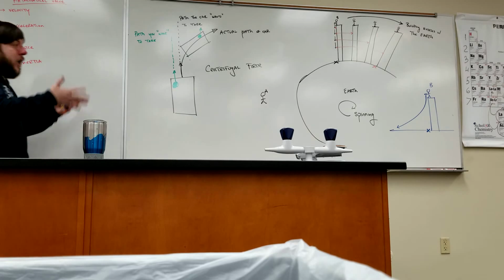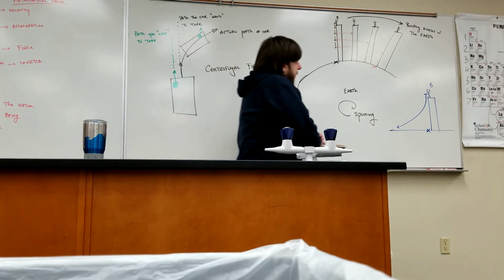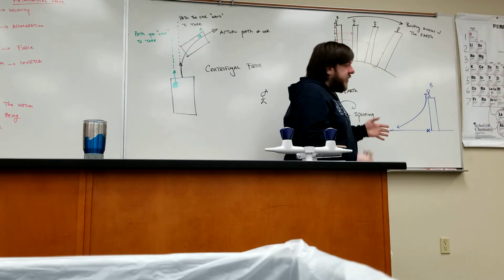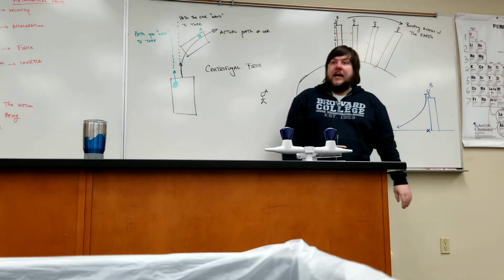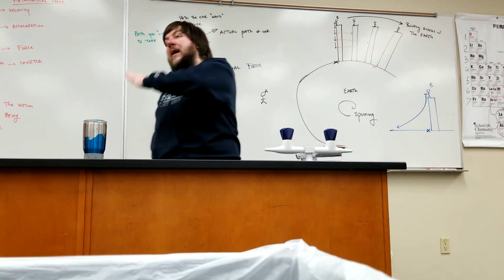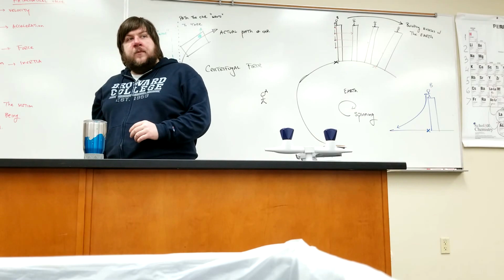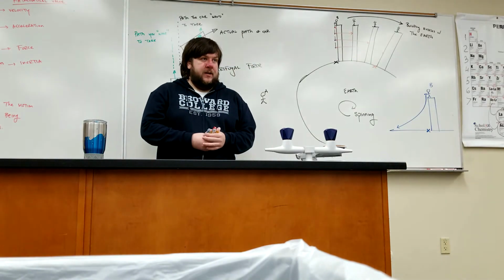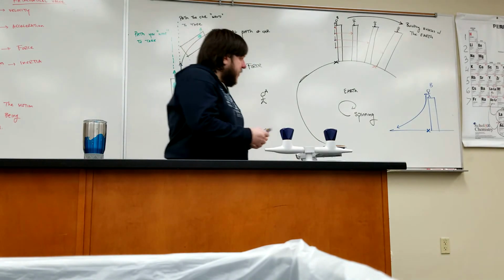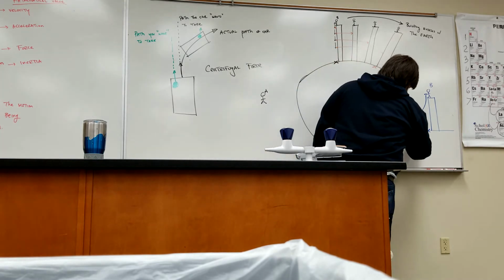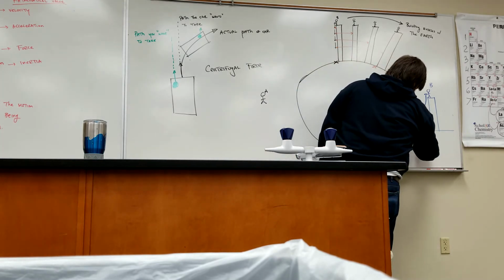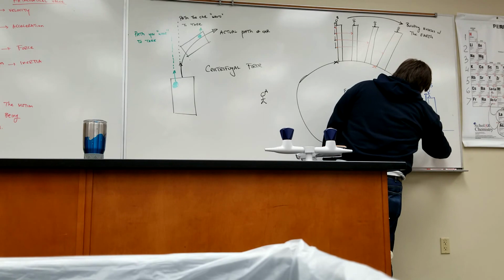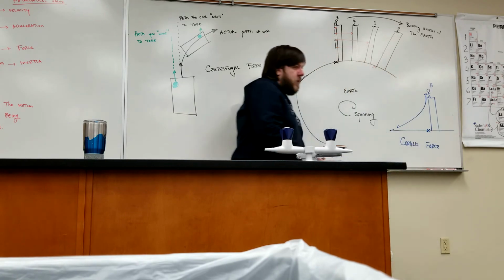There is nothing causing that ball to rush away from the building. It's the building that's moving away from the ball. This is a pseudo force, and this is called the Coriolis force. Once again, it's called a force, but it's not a real force.